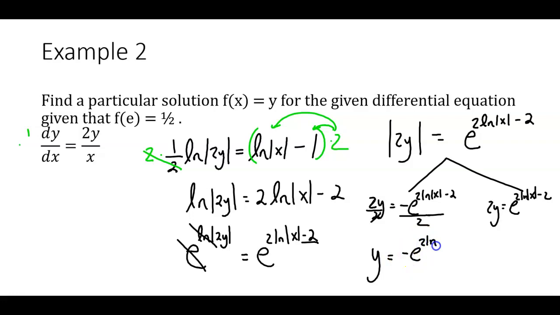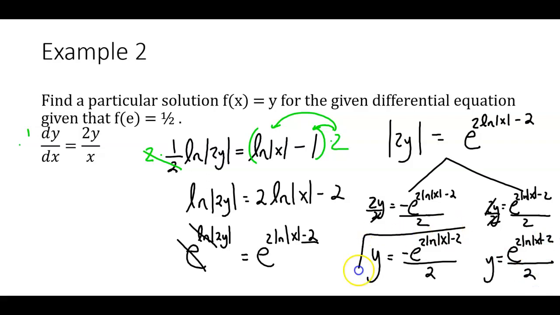Now, unlike yesterday where we just wrote plus and minus and we were done, today we actually have to pick one, and we have to pick the right one. So how do we know which one is the right one? My answer is either this or it's this, and we have to know which one it is.